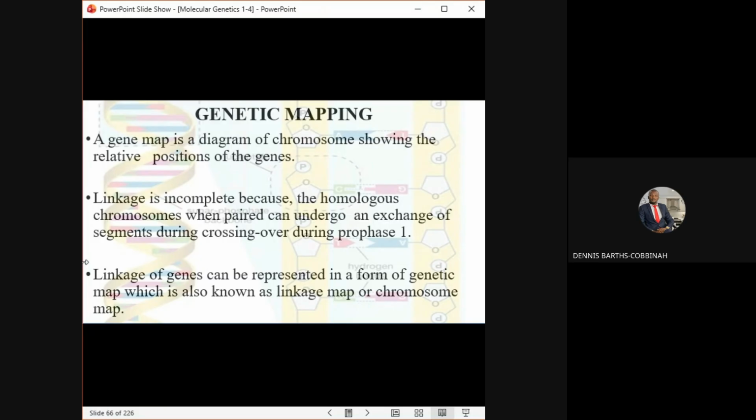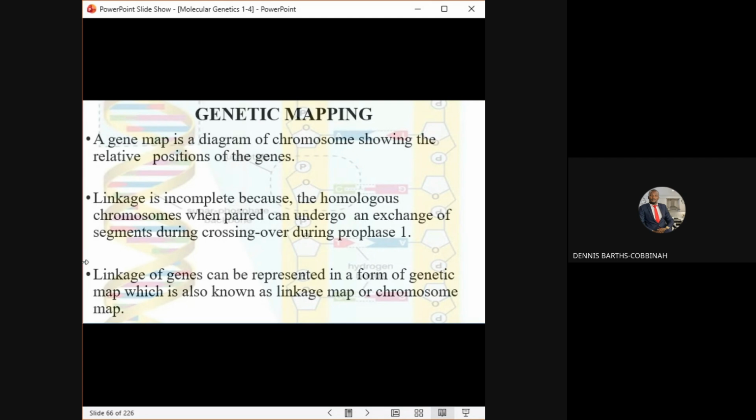You may inherit them, but there are characteristics that are independently assorted into different gametes. And so, yes, homologous chromosomes, when paired, can undergo crossing over, an exchange of certain genetic materials that can result in linkage not really occurring.